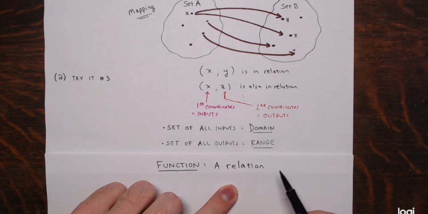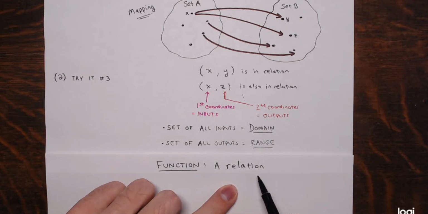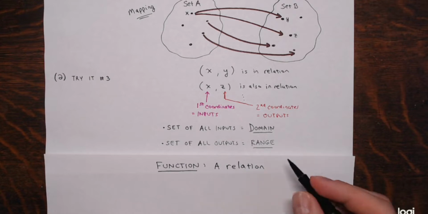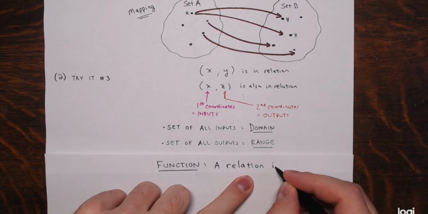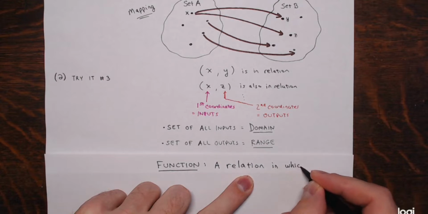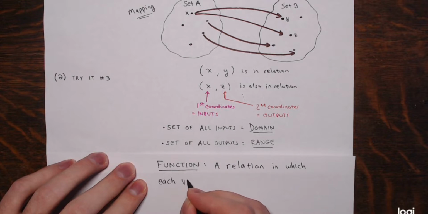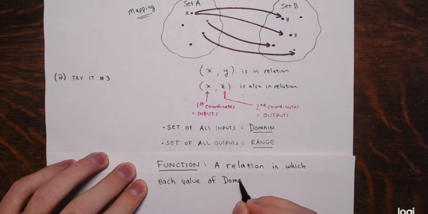So it's a set of ordered pairs still. It is a pairing from one set of elements to another set of elements. But it's special. There's something special about a function. It's a relation in which each input, or each value or element of the domain, is paired with exactly one.